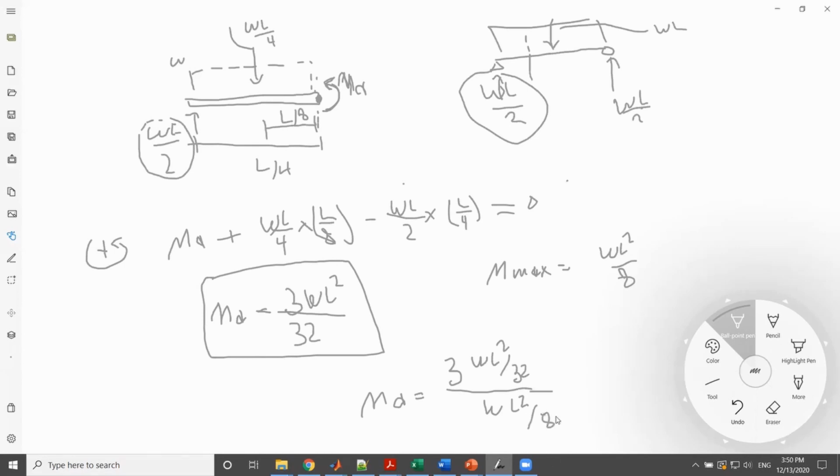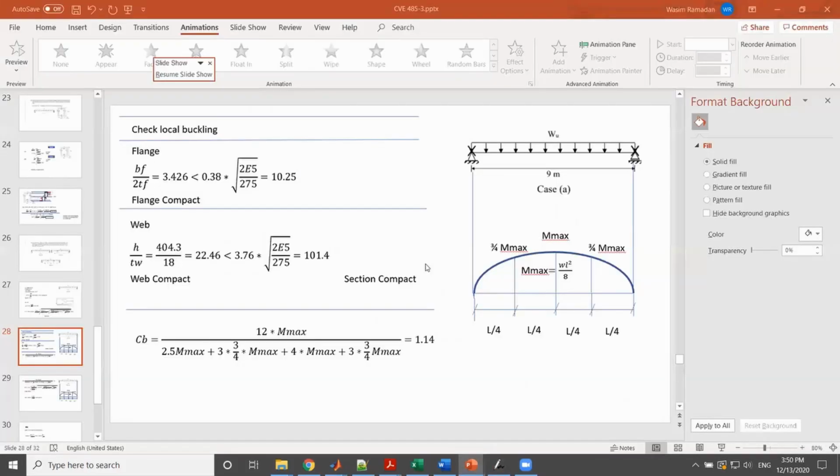What would you obtain in here? You would get 0.75 or 3 over 4. Therefore, MA is 75% of M max. And that's how I obtain this value.